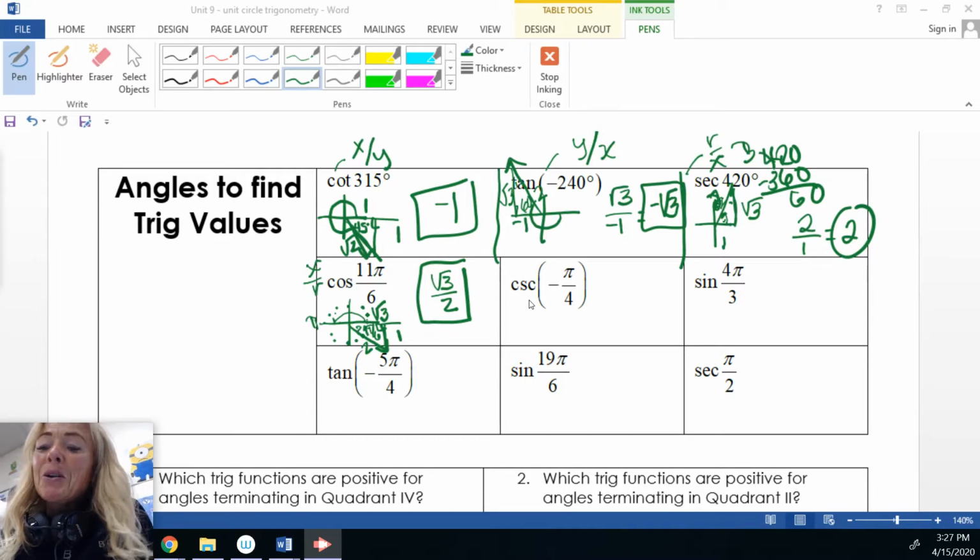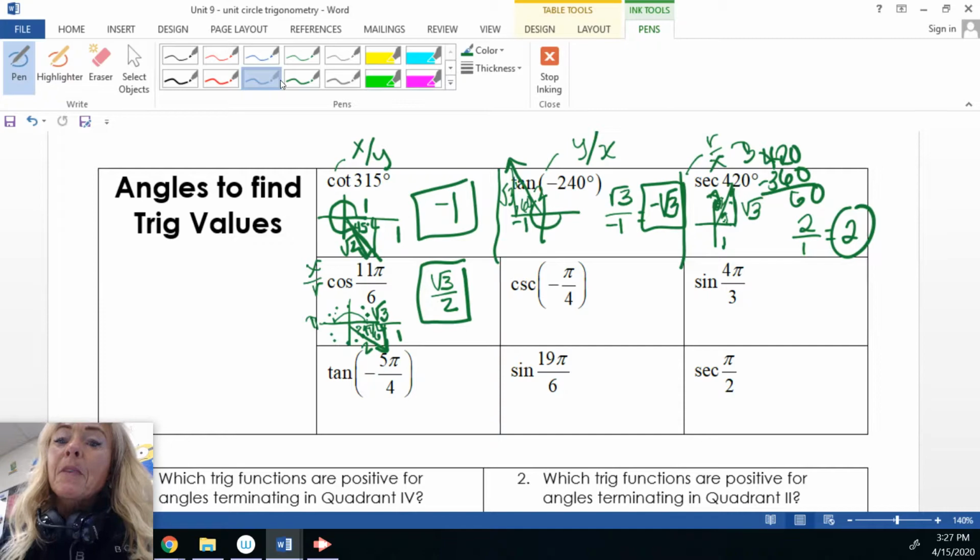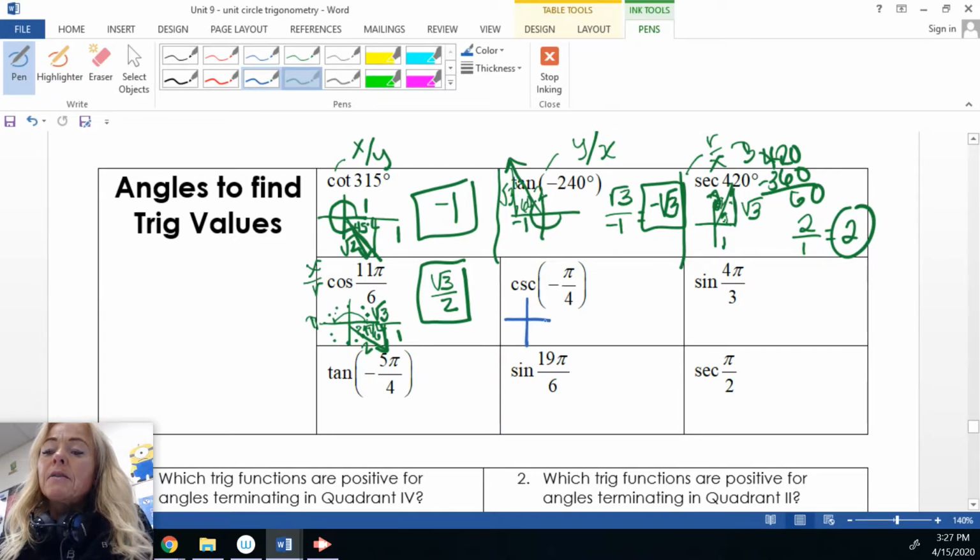All right, cosecant negative pi over 4. So what we do is we draw our triangle, and negative, or counterclockwise, pi over 4: if we break up pi into 4 equal parts, we're moving one of them, which is 180 divided by 4, which is 45 degrees.